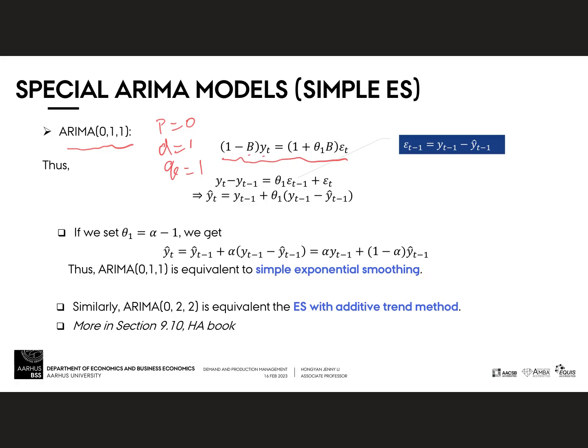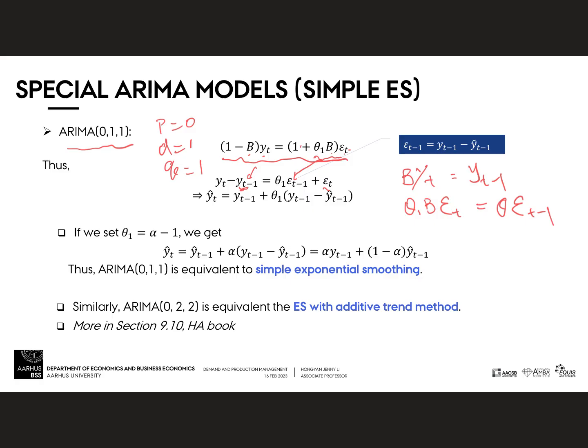B times yt is yt minus 1. And then 1 times epsilon t gives epsilon t. And theta 1 times B times epsilon t gives theta 1 times epsilon t minus 1. In other words, B times yt equals yt minus 1, and theta 1 B times epsilon t equals theta 1 epsilon t minus 1. Hopefully you understand the backshift operator B in a better way.